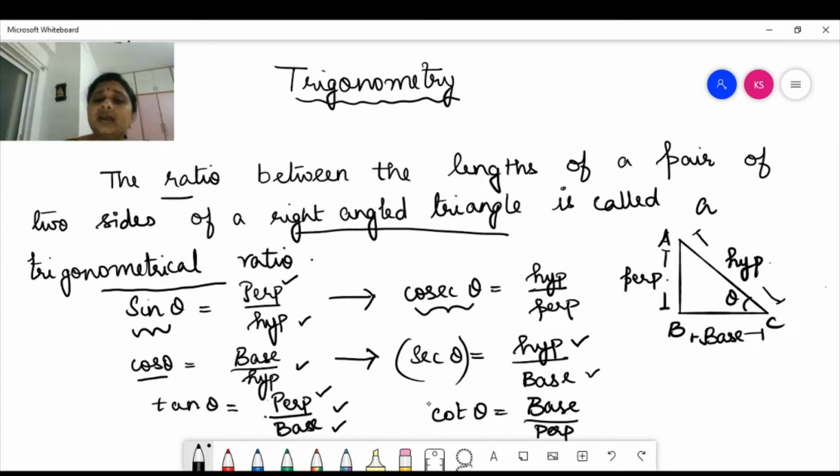And cot theta is the reciprocal of tan theta, and that is equal to the base, that's the adjacent side of that particular angle by the opposite side of that particular angle. With this, we are going to move on and see how to solve few problems.